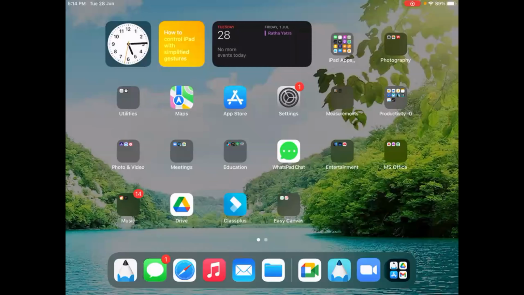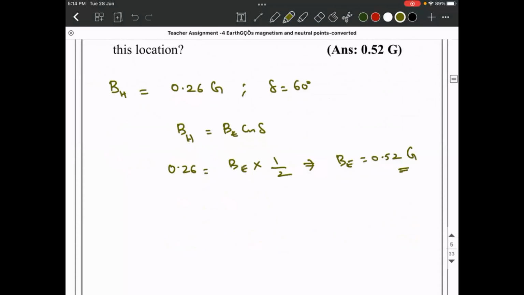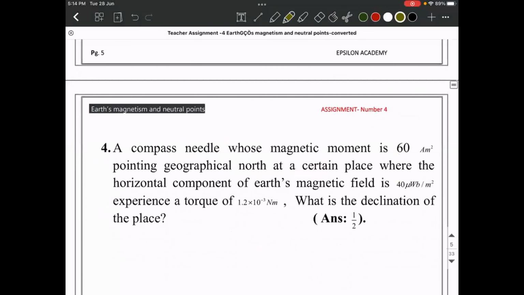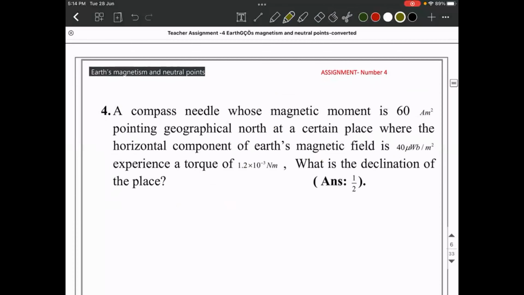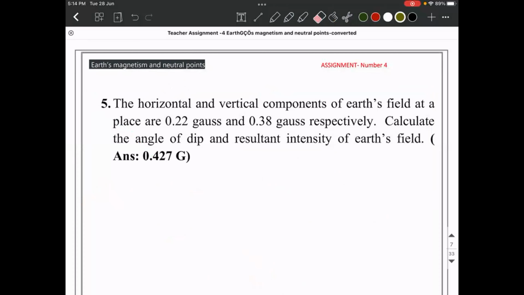Is it clear? So this one is not needed. Now we'll try the fifth one. The horizontal and the vertical component of the Earth's magnetic field at a place are 0.22 Gauss and 0.38 Gauss.